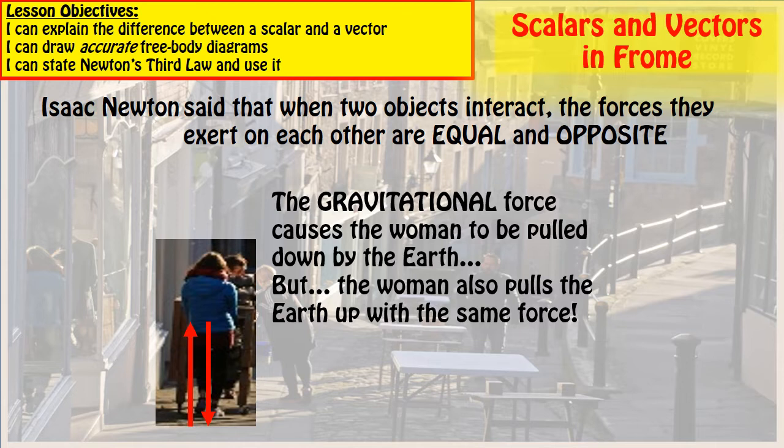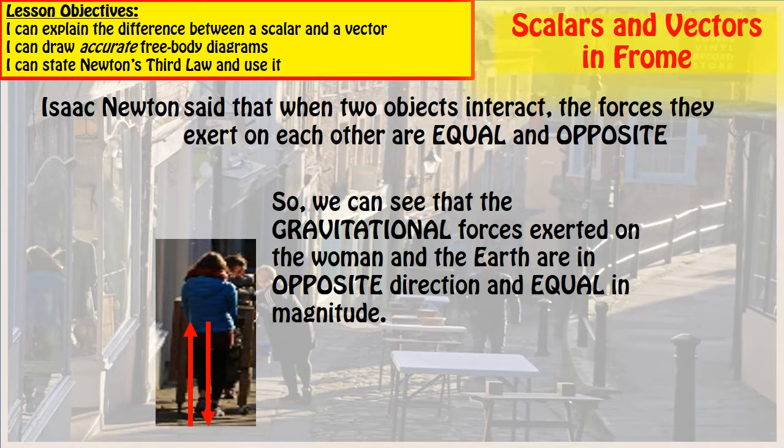But we do actually have an effect on the earth. When the gravitational force of the earth pulls us downwards, we do ever so slightly pull the earth upwards as well. Because there are human beings all around the planet, it kind of negates that and the earth stays where it is. But if we put all the human beings on the Isle of Wight and we all jumped at the same time, then some scientists have said that the earth would actually move upwards just a slight tiny bit. Very interesting.